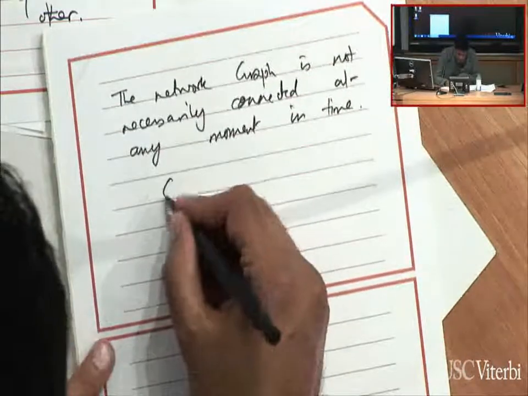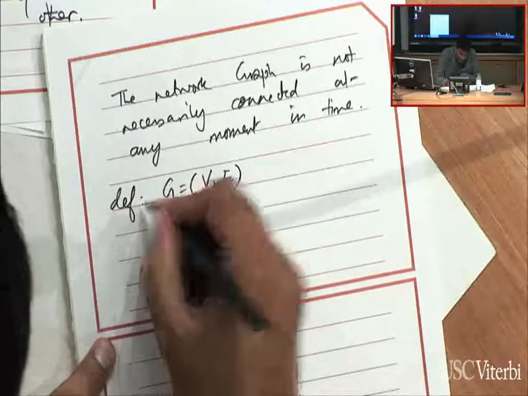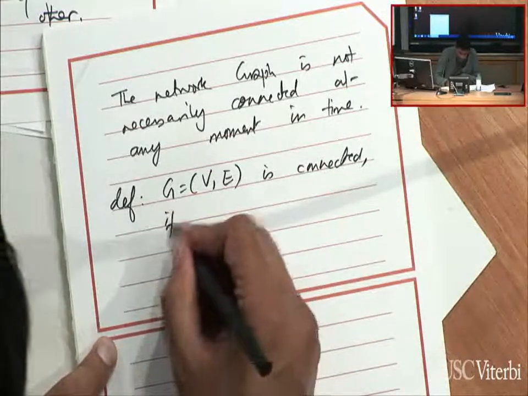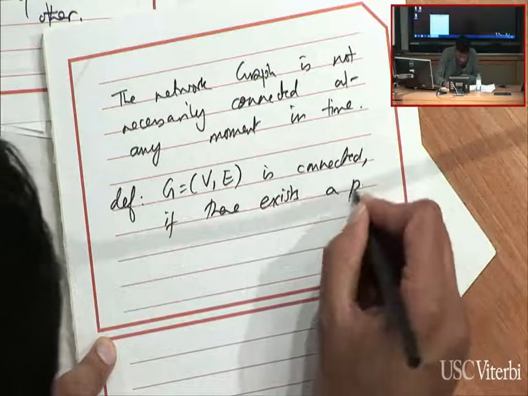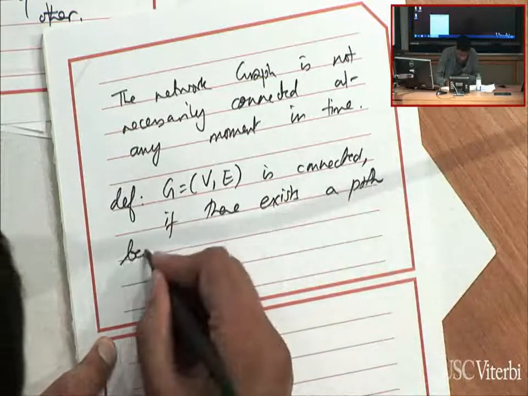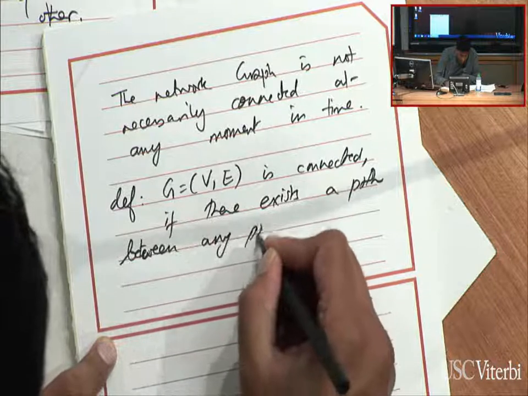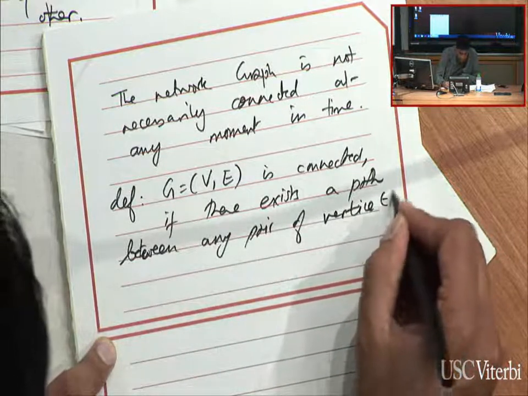We say a graph is connected if there exists a path between any pair of vertices.